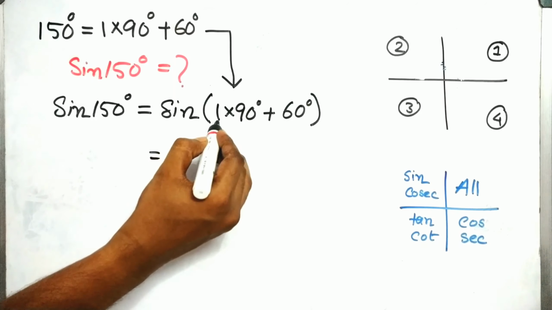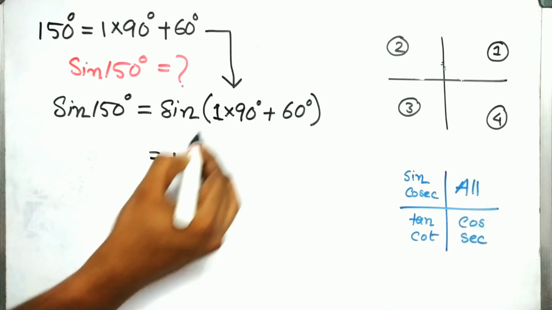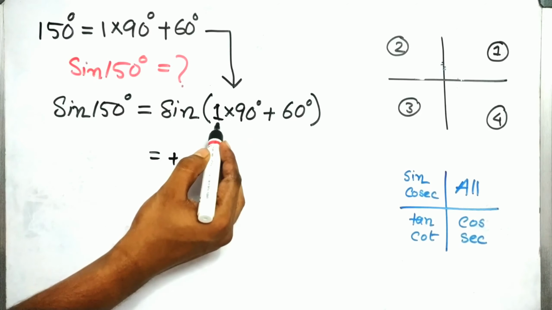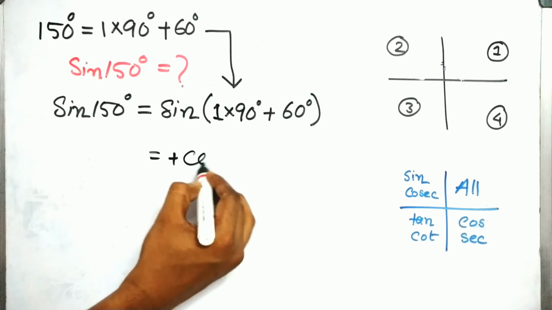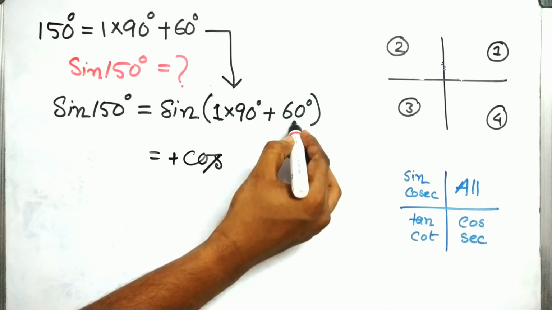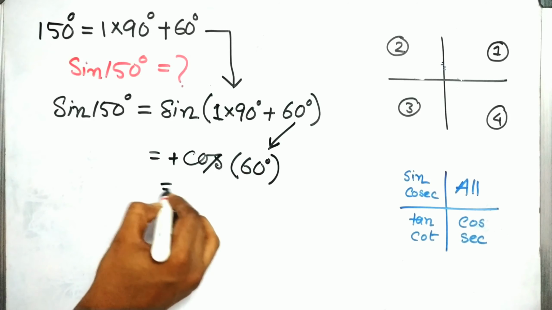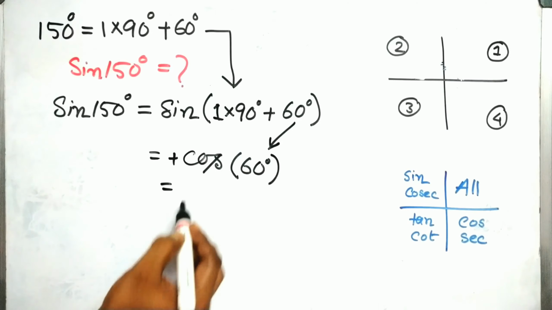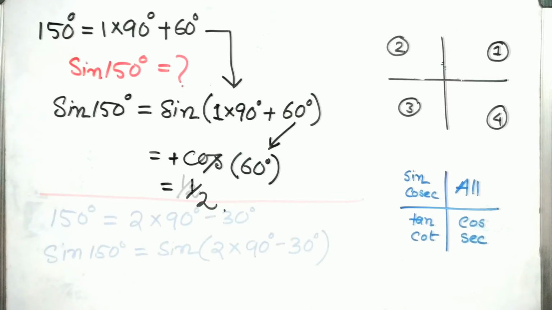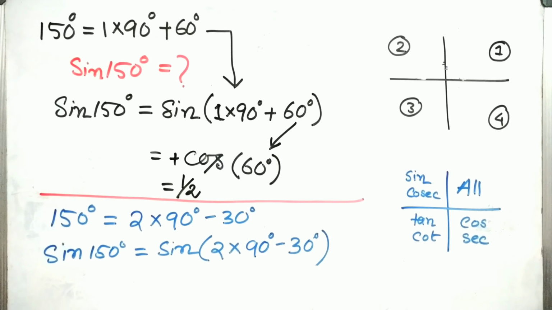And since this one is the odd multiplier of 90, for this we will write cos, and this 60 degree will come here, and it is cos 60 degree, and the value of cos 60 degree is 1 by 2.